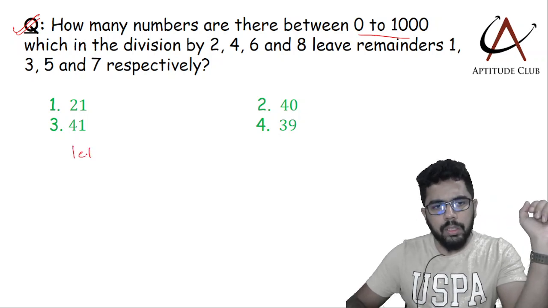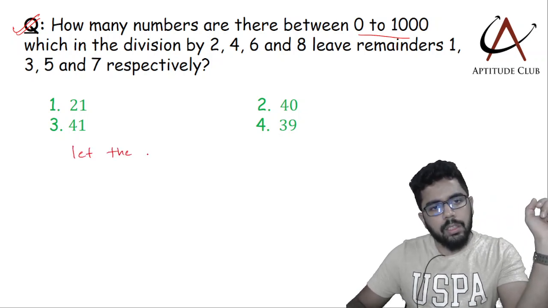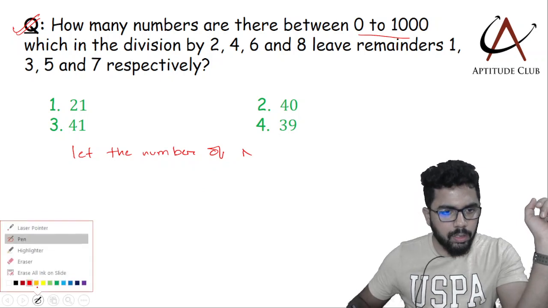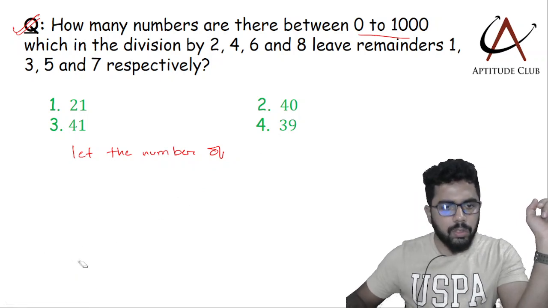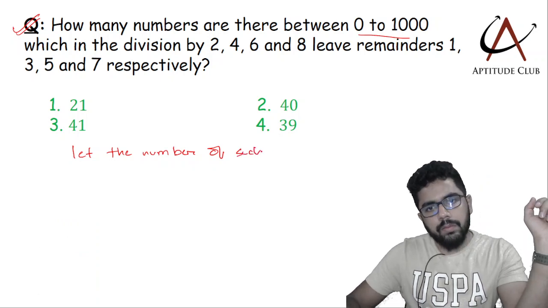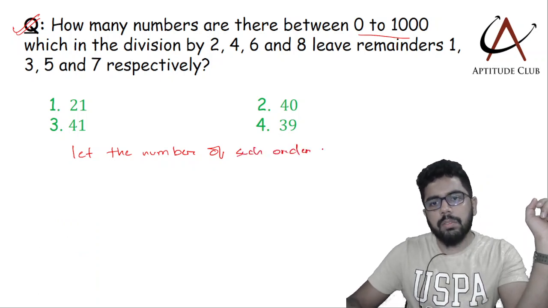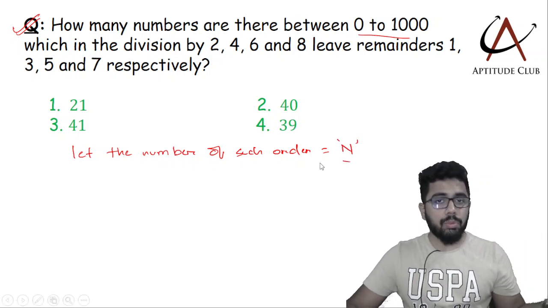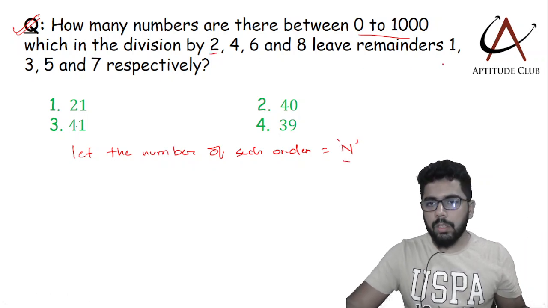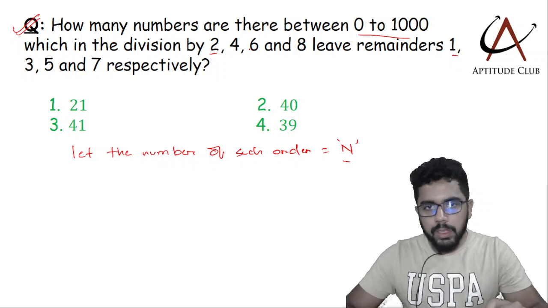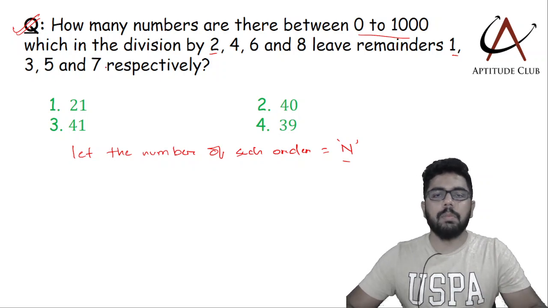To put it in a simple way, let the number of such order be n. That means n is such a number which when divided by 2 will leave a remainder of 1, divided by 4 will leave a remainder of 3, divided by 6 leaves remainder 5, and divided by 8 leaves remainder 7.